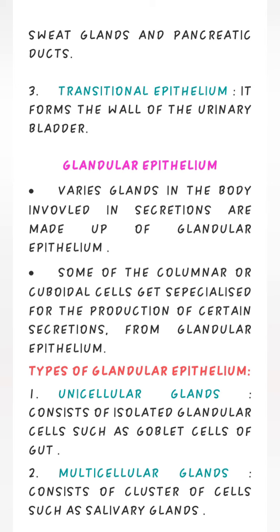This glandular epithelium is divided into unicellular glands and multicellular glands. Unicellular glands consist of isolated glandular cells such as goblet cells of the gut. Multicellular glands consist of clusters of cells such as salivary glands.